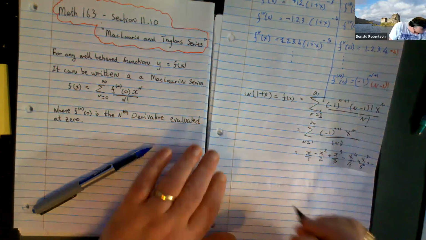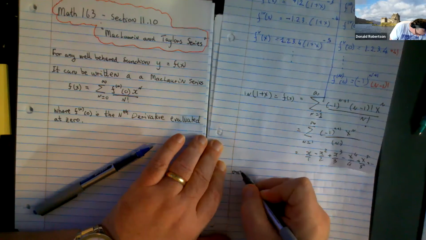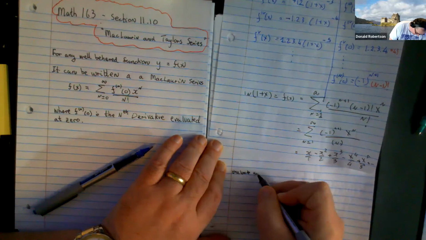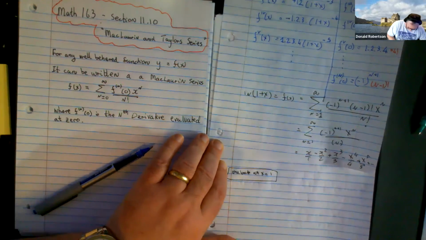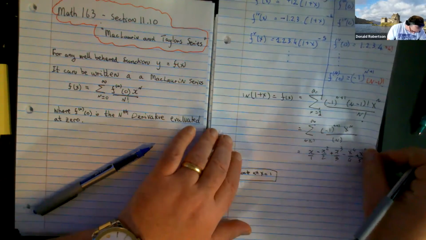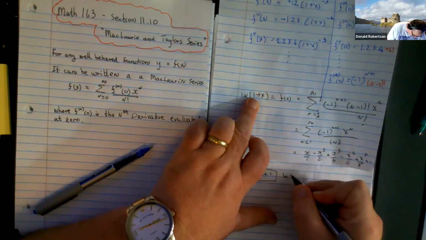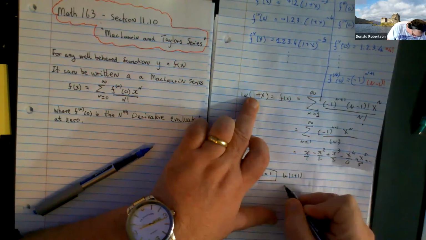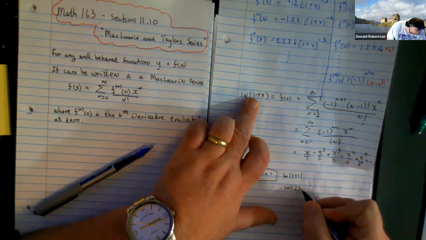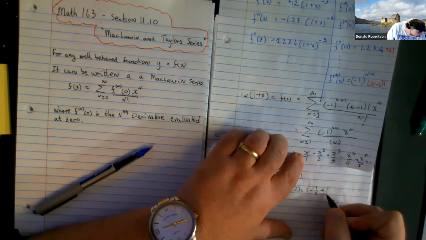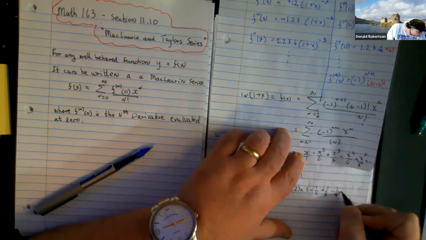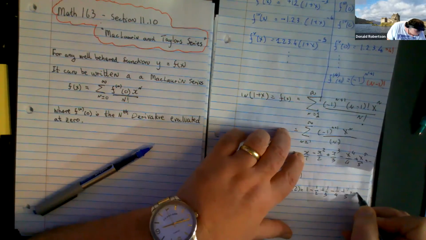Now, if I evaluate this at, say, x equals 1, which is a nice place to evaluate series, then the natural log of 1 plus 1, which is the natural log of 2, is equal to 1 take away a half plus a third, take away a quarter plus a fifth, forever.